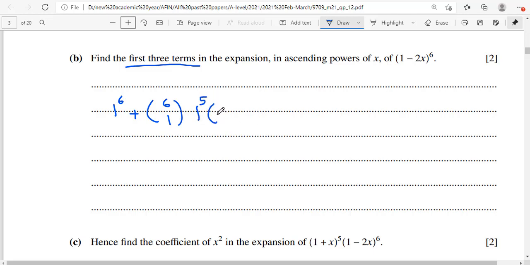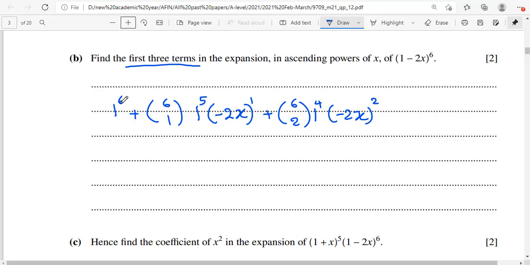It's very important to give little brackets for the second term. It's power 1. 1 plus 5 is 6. Always check. Avoid these simple mistakes that cause huge problems. 6 to 1 power 4 and negative 2x power 2. 2 plus 4, 6. Okay, these are the first 3 terms.